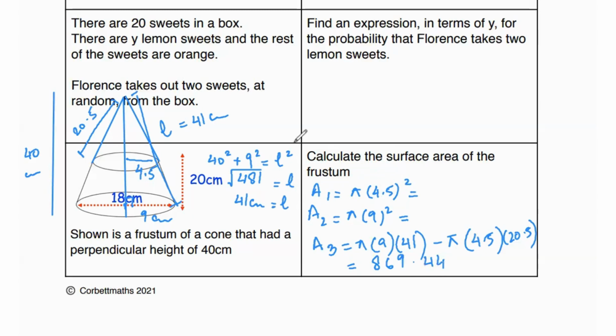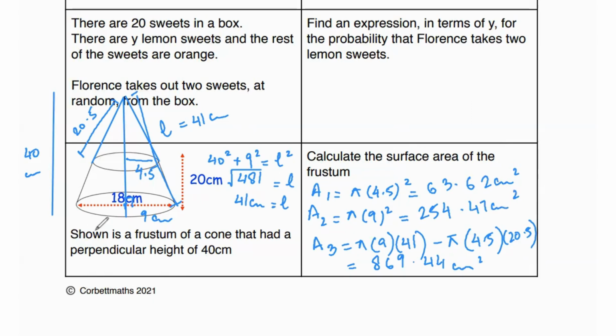Area 1 is going to be 63.62 centimeters squared, and the area of the bottom part is going to be 254.47 centimeters squared.